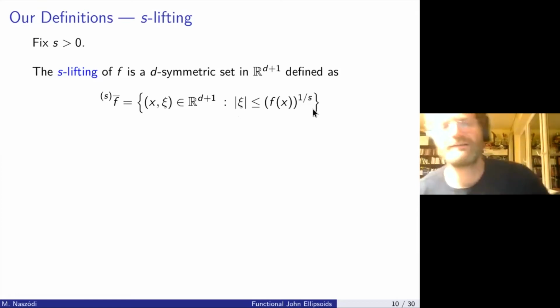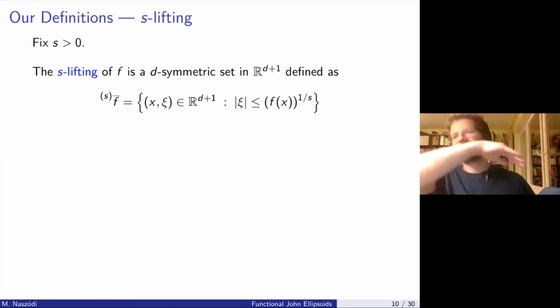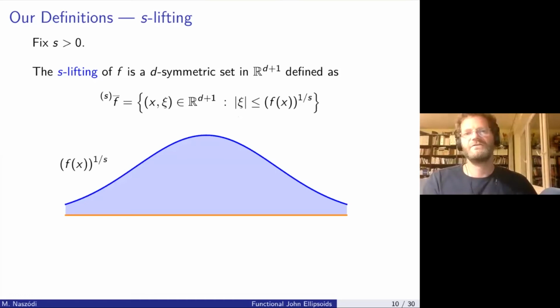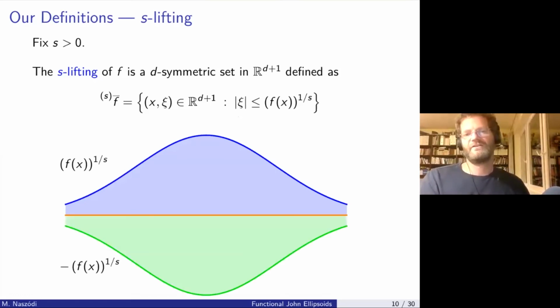It's not exactly the graph; you take the graph, you take the symmetral of the graph, and it's the area in between, right? That's what is defined here. Now, if S is not 1, then it's something different. And the meaning of this is that I look at R^(D+1), keeping in mind that this last coordinate really stands for S coordinates. Okay, so that's why I have this 1 over S power here.